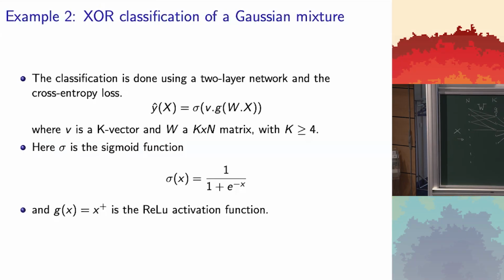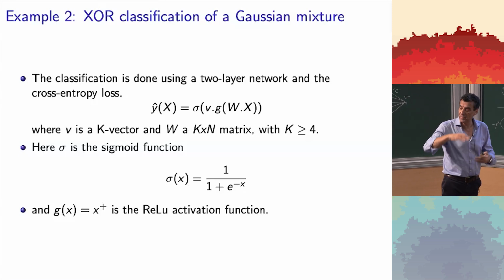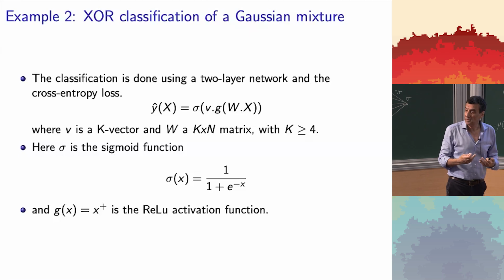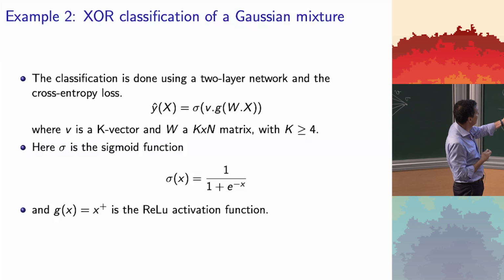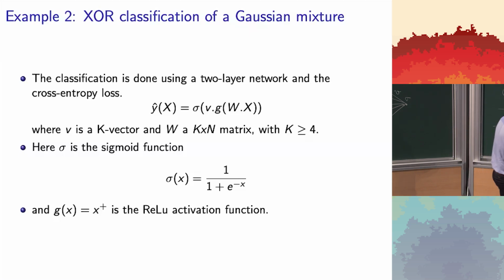And here sigma is the sigmoid, which is natural when you want the output here to be a 0 or 1, right? Red or blue. So sigmoid. And g is the ReLU activation function, rectified linear unit, which simply means x plus.